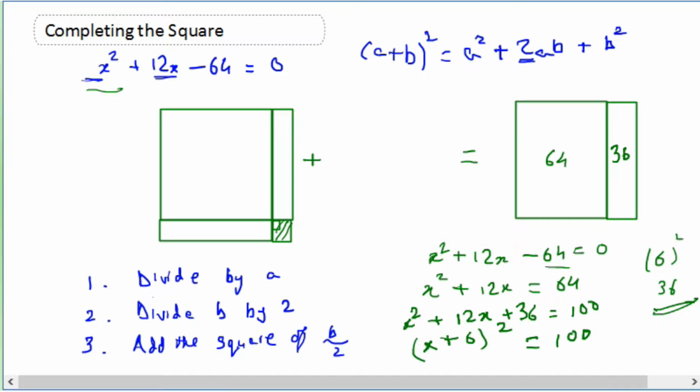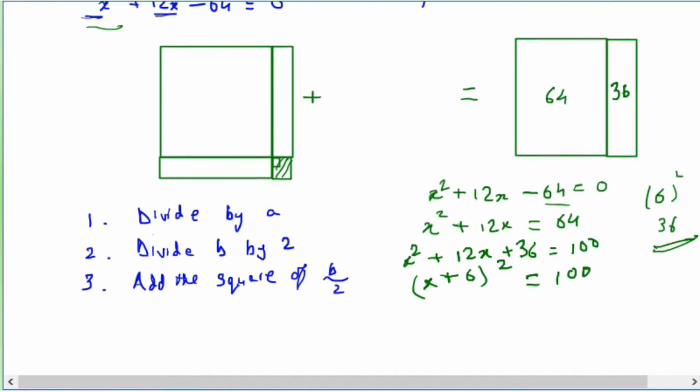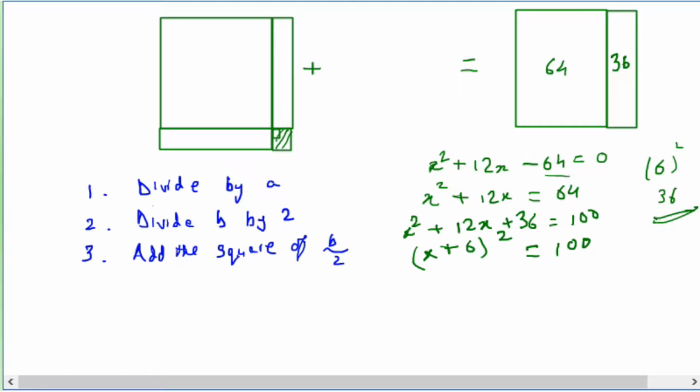Now let me go down a bit and take this up so that we can solve it more clearly. Okay, so now we are going to take the square root of both sides of the equation. If we take the square root of x plus 6 whole square on the left hand side, we are just left with x plus 6, and the square root of 100 is going to give us 10.